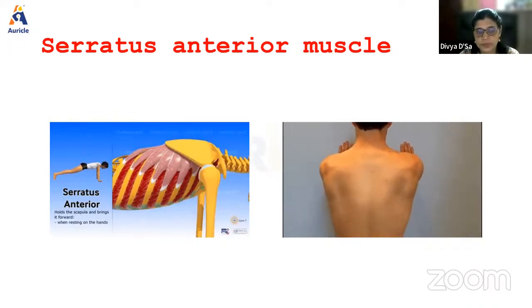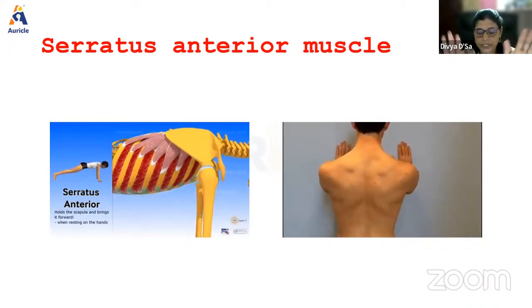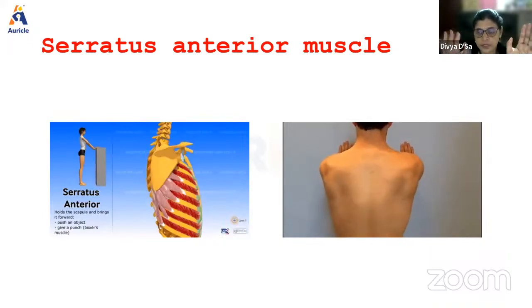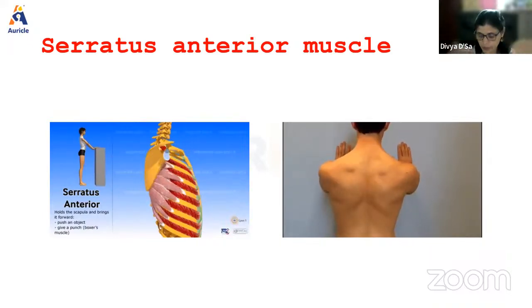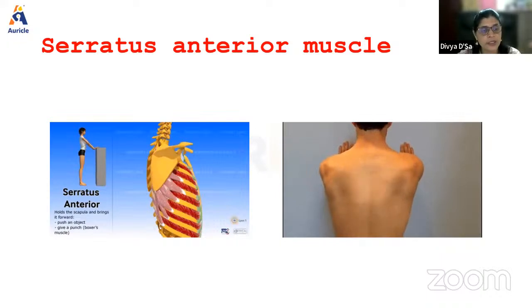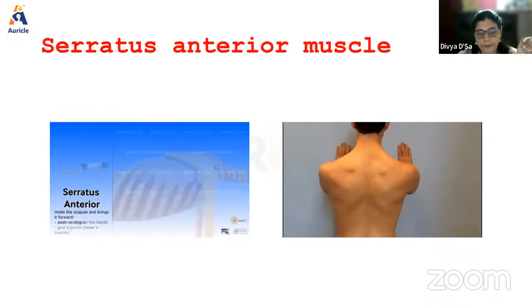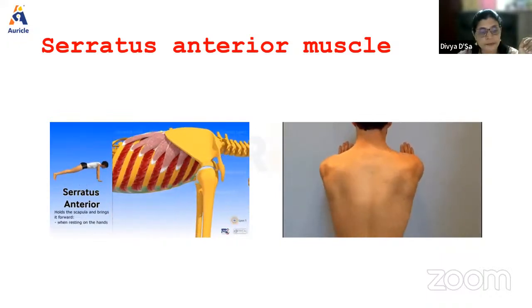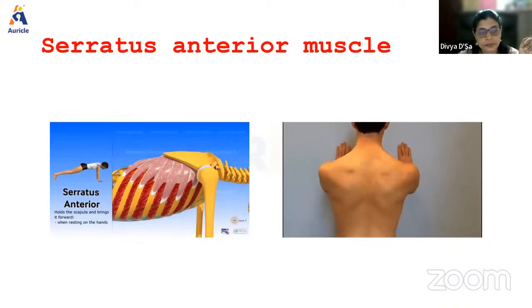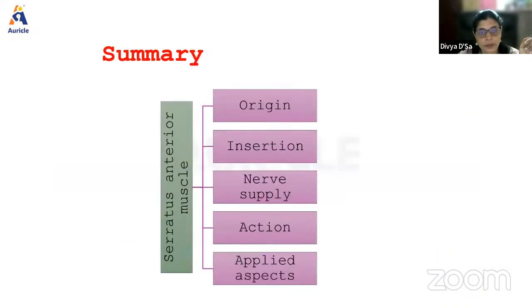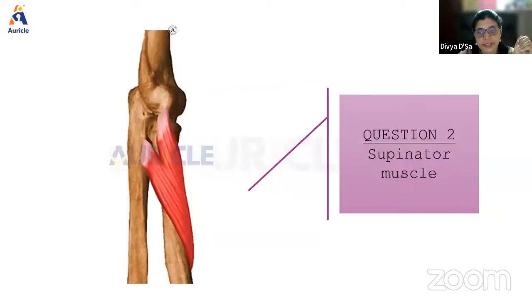When you do push-ups, when you pull forward, when you push against force, this is the muscle which will bring forward the scapula. So basically for pushing, we use the muscle. That is about serratus anterior. When the long thoracic nerve is injured, the serratus anterior muscle is affected.